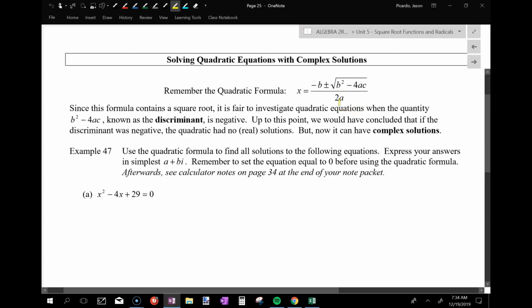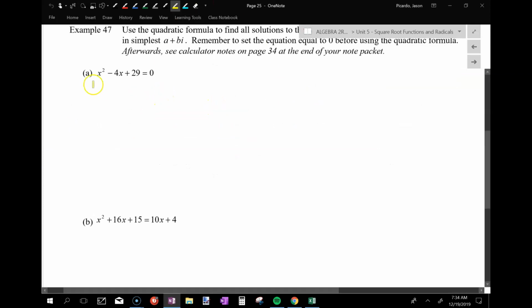Do we agree with that? Okay. So what I'm going to do is ask that you guys play the ABC, negative b, b squared minus 4ac, 2a game, and get me the results for part A. So go ahead, use your calculator, plug those things in, tell me what you get.